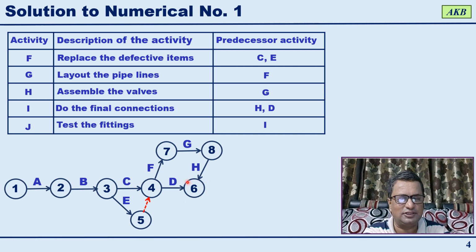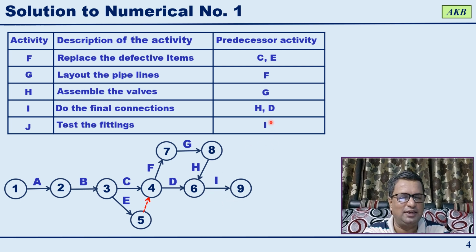Event 6 will be the end event for activity H. When you are at event 6, you have activity D and H completed, and you are ready to do activity I. So activity I will start at event 6 and end at event 9.